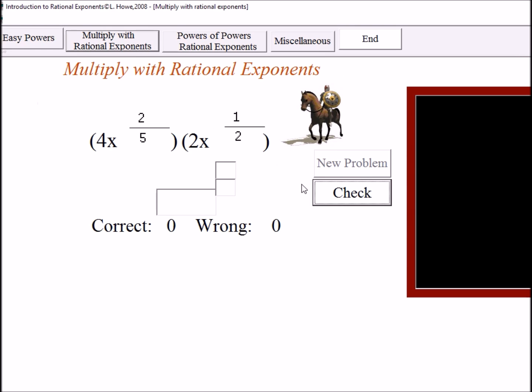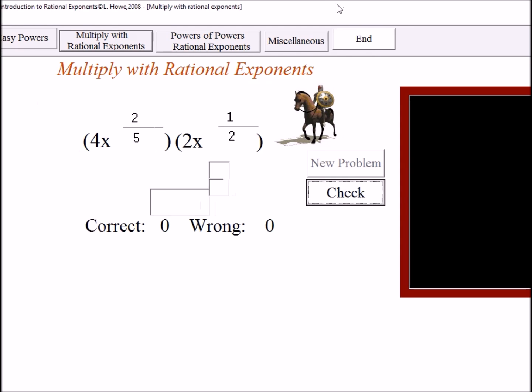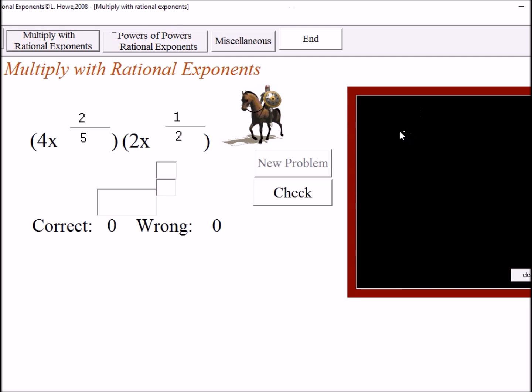Multiply with rational exponents. Here we get a chance to use the rules of exponents in a much more sophisticated way. Here we have a kindergarten number 4 and a kindergarten number 2. Then we have this x to the 2/5 and x to the 1/2. The kindergarten numbers are still going to multiply like they did when they were in 3rd grade, which is 4 times 2 is 8. When you have the same base with different powers, when you multiply, you add.